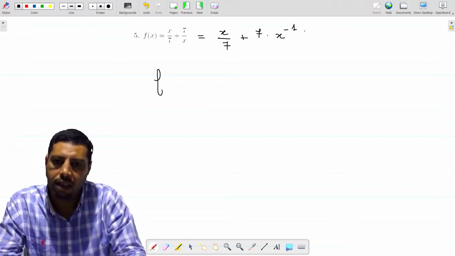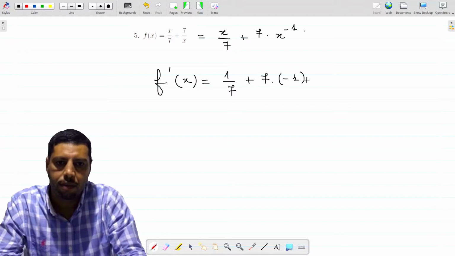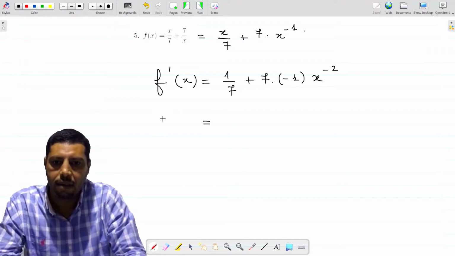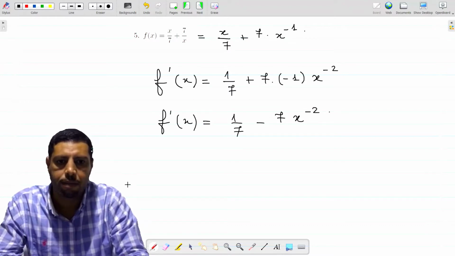Now we make our derivative: f prime of x equals, the derivative of x is obviously 1, so it's 1 over 7 plus 7 times negative 1 times x to the power of negative 1 minus 1, which is negative 2. So f prime of x is equal to 1 over 7 minus 7 x to the power of negative 2.